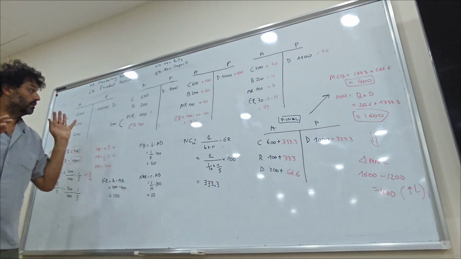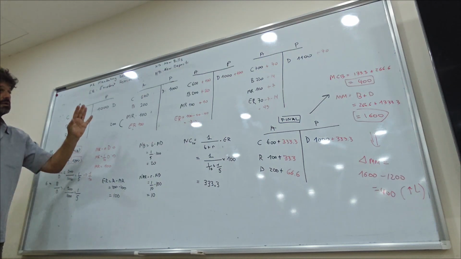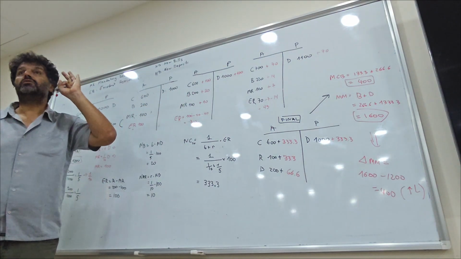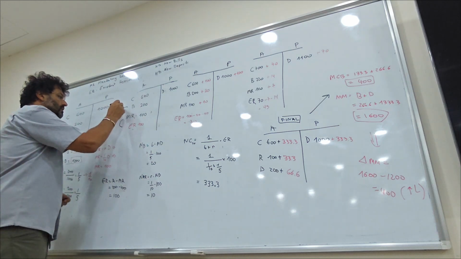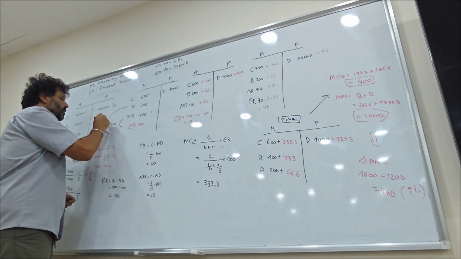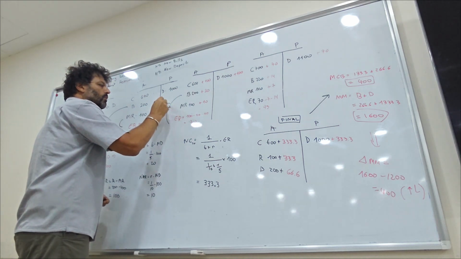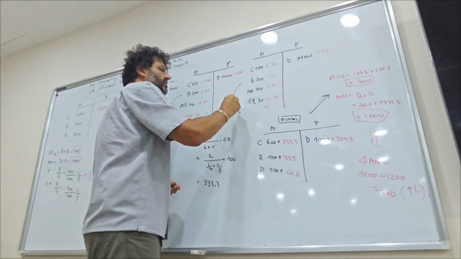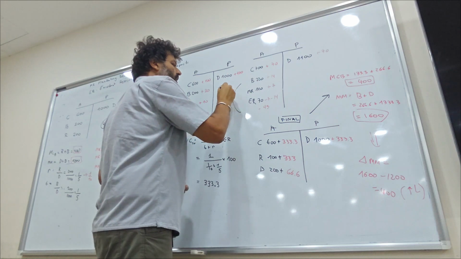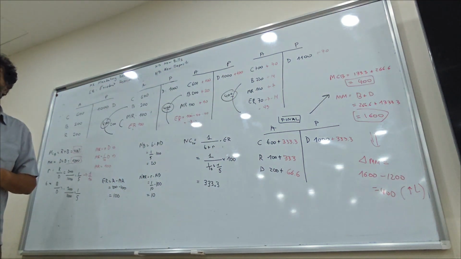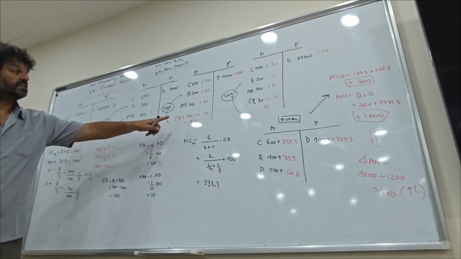So all along the exercises, these 400 always stay. The sum of this is always 400. The sum of this is always 400. The sum of this is always 400. Okay? It never changes. What changes is the status.